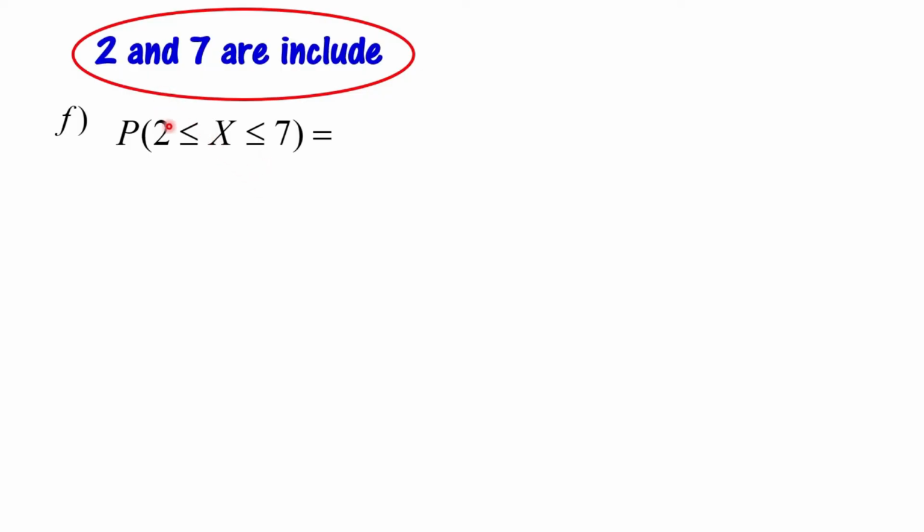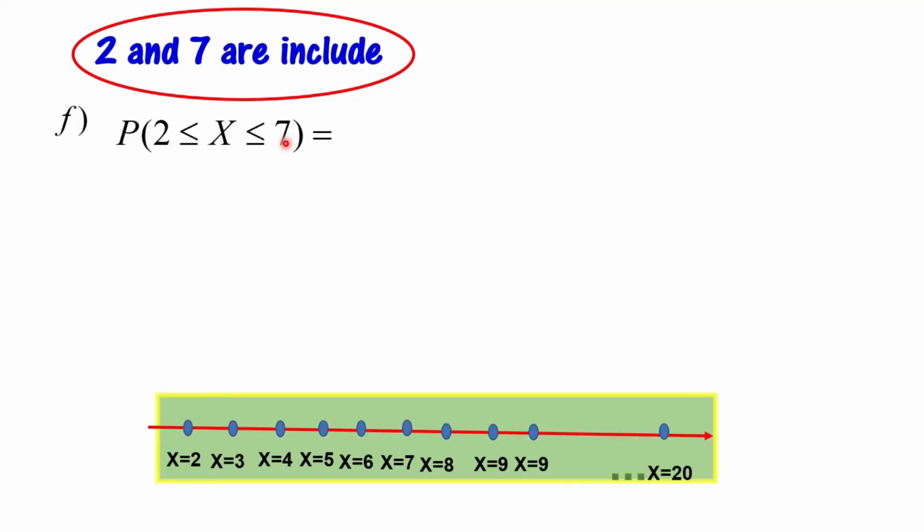Please take note that 2 and 7 are included here. So one more time, by using the diagram, we can see that x starts from 0 and the last term is 7. 7 is included.